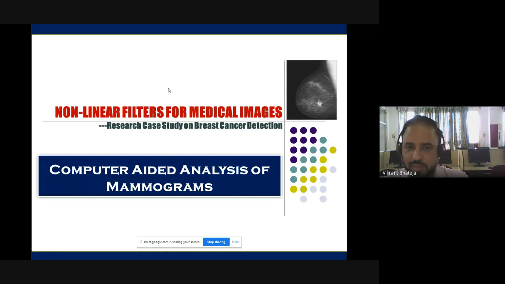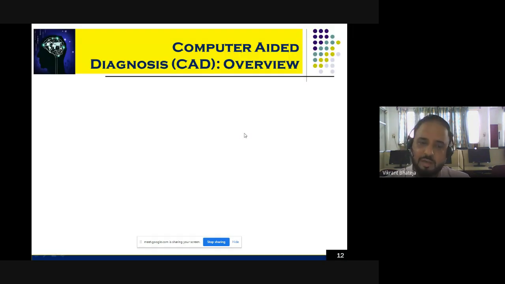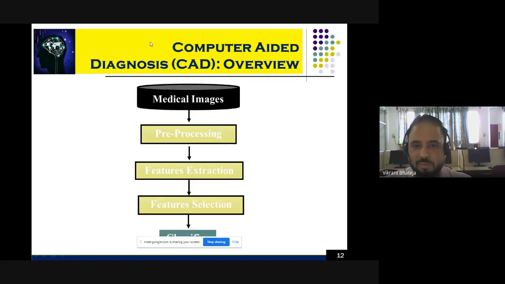So let's quickly take up this fundamental to get it clarified, how we are distinguishing these three terms when we are talking about computer-aided diagnosis. If you take a quick overview, this is the basic block diagram of a computer-aided diagnosis system, specific to diagnosing life-threatening diseases. Here, the initiating block is the medical images, which are our input.